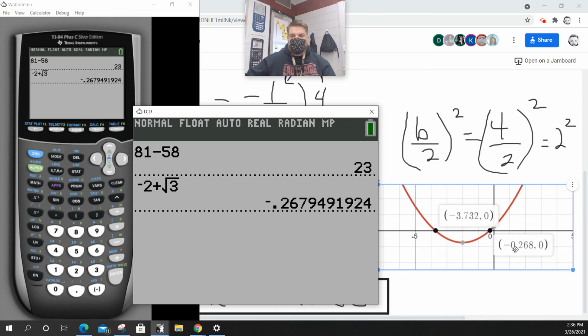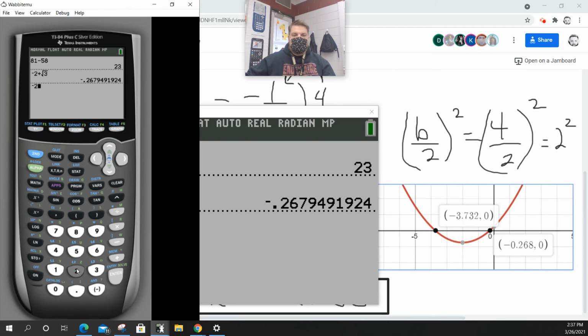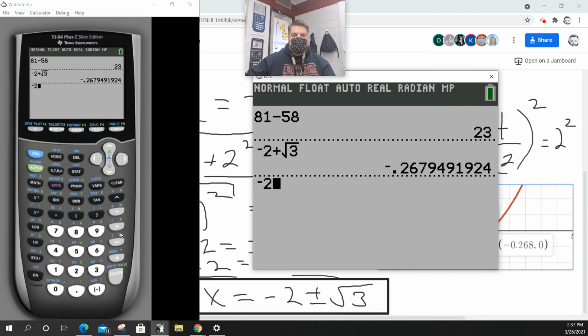They rounded it to 0.268. It's the exact same number. So that's what that one is. So now if I plug in negative 2 minus the square root of 3, then I hit enter.